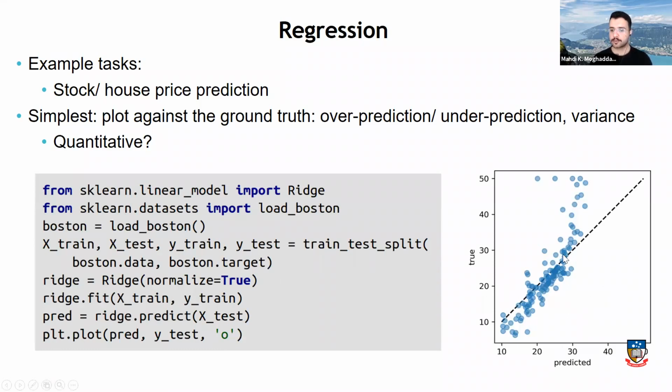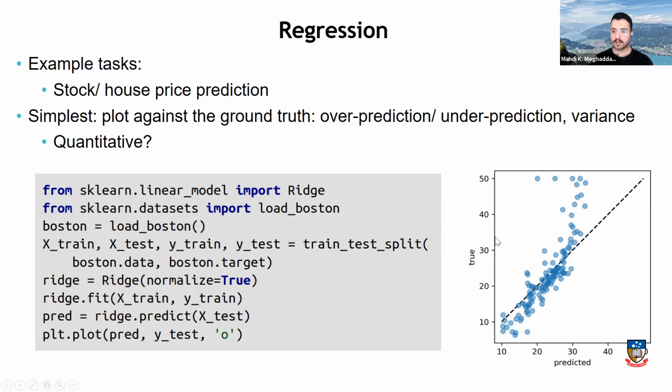If you plot all these predictions against the ground truth, you could quickly see, okay, in the areas, let's say in this figure, between 30 to 40, that's where your model is overestimating everything. Everything is basically predicted way above the value. Or in the smaller values from 10 to 20, you could at a glance see that your model is underpredicting. So it's predicting under 10.